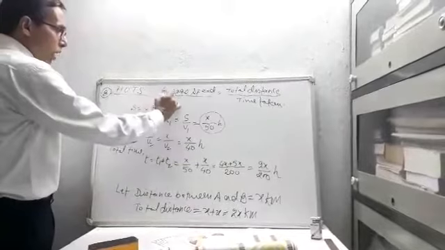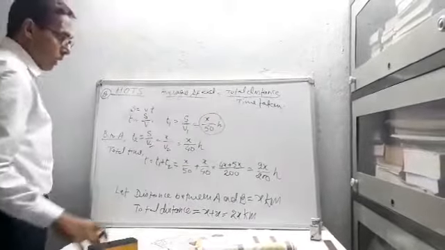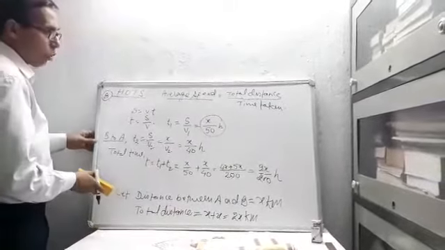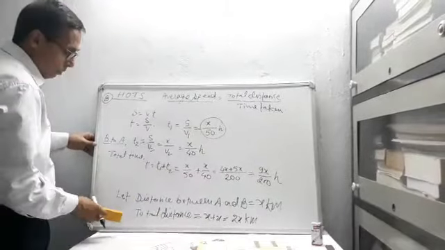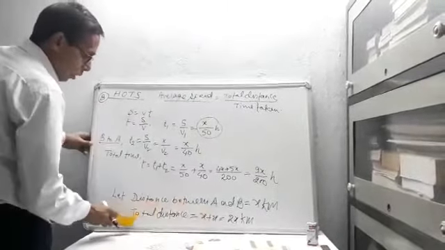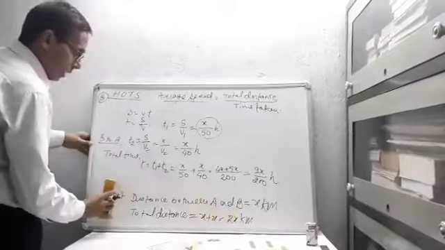Now we use the formula: average speed is equal to total distance traveled by total time taken. Already we have found out the total distance is 2x.